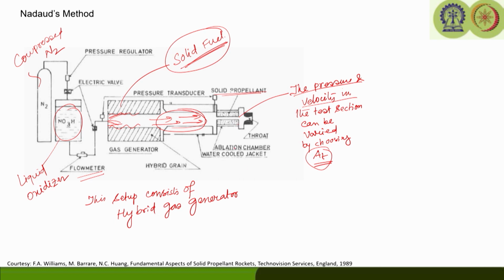The operating characteristics are going to determine the oxidizer mass flow rate, m dot O, and the average fuel consumption, m dot F. So, the total flow rate we can get is m dot O plus m dot F, and the mixture ratio will be given as m dot F by m dot O. Okay. So, this is the change in case of the Nadaud method which we have seen here.